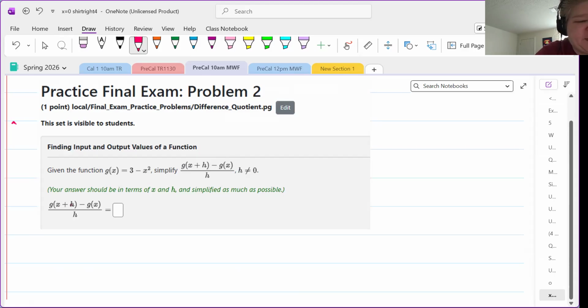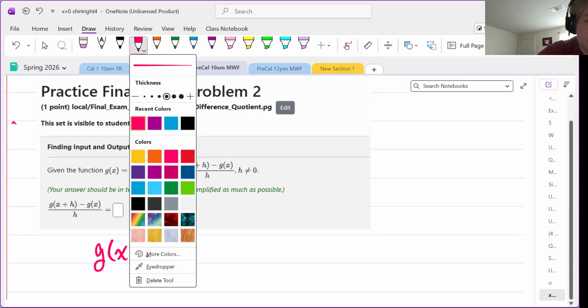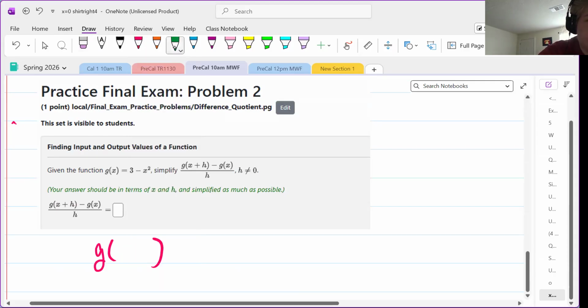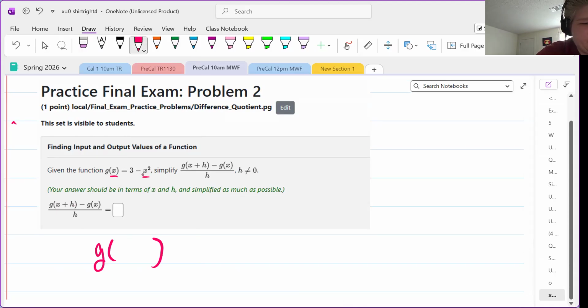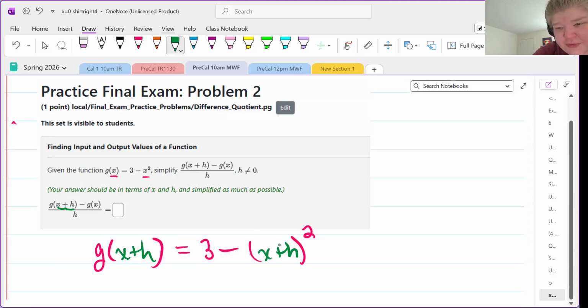So the g of x plus h, so g itself is 3 minus thing squared. G of thing is 3 minus thing squared. But initially, the thing I am looking at is x plus h. So everywhere there was a thing spot, I put in x plus h.